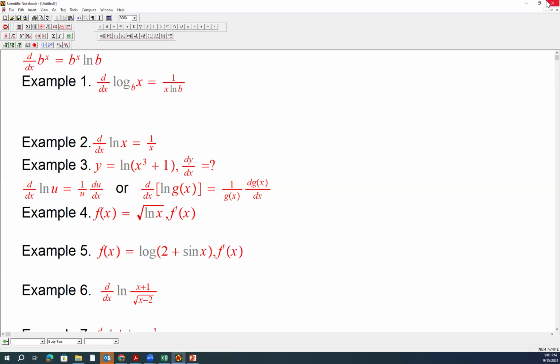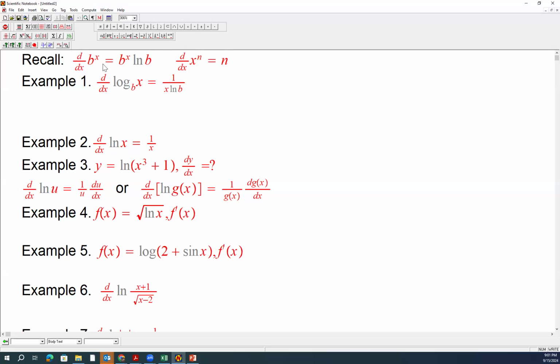First of all, we recall that we have the derivative for b to the power x. Note the difference between this and the derivative of x raised to the power of n. I hope you know the difference.